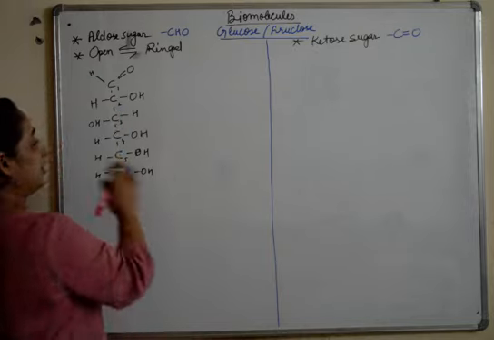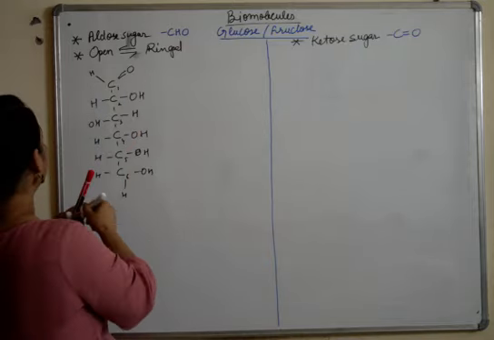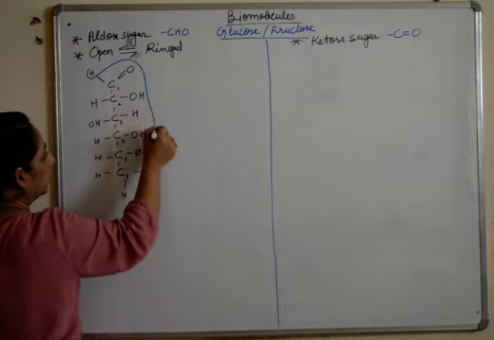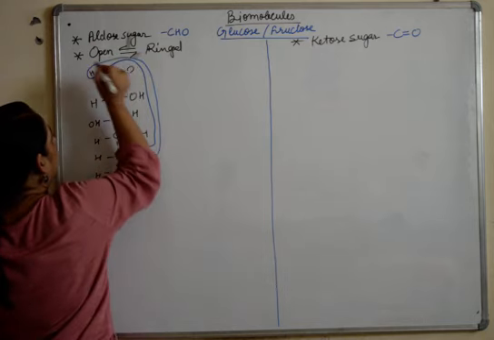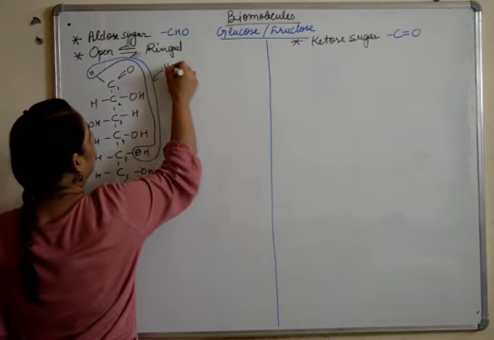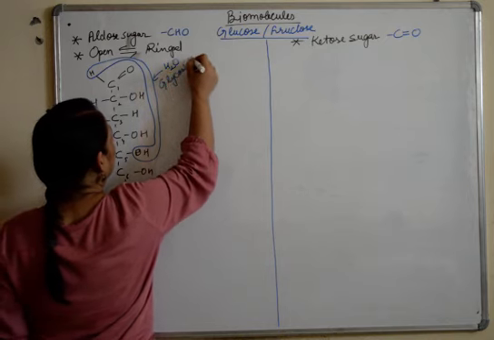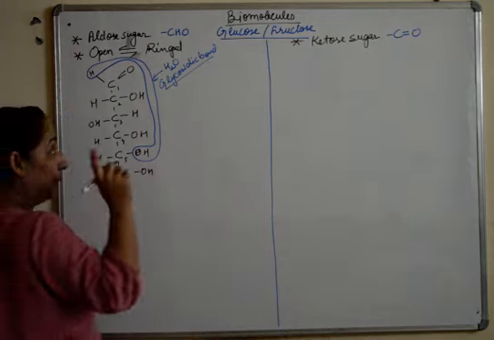Now we have to make a ring. So how is a ring formed? The hydrogen of the first carbon bonds with the OH of the fifth carbon, liberating water and forming a glycosidic bond. A glycosidic bond is formed.